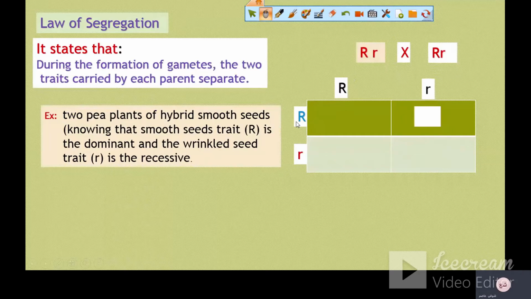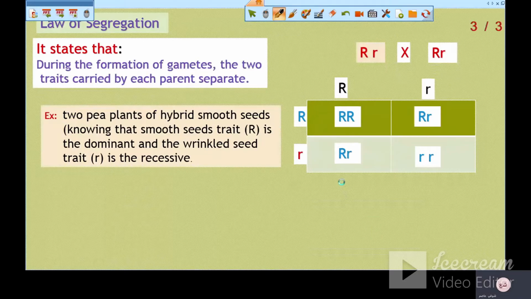The first two alleles will produce R capital, R capital, then R capital, R small, R capital, R small, finally R small, R small. So as you see it here, the percentage is 3 to 1.